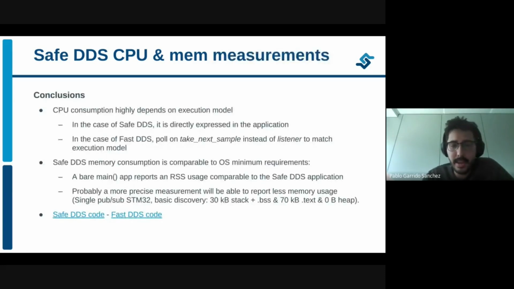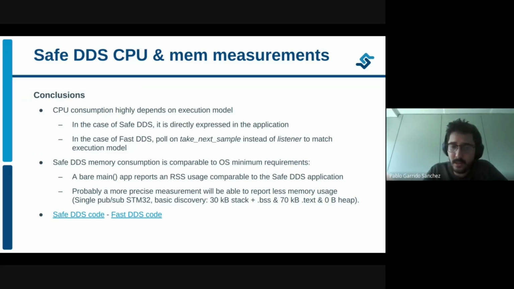This is why we made some other tests with other kinds of scenarios, using an STM32 basic discovery with a single publication and single subscription. And we have found that we can embed SafeDDS in 30 kilobytes of stack and BSS and about 70 kilobytes of flash.